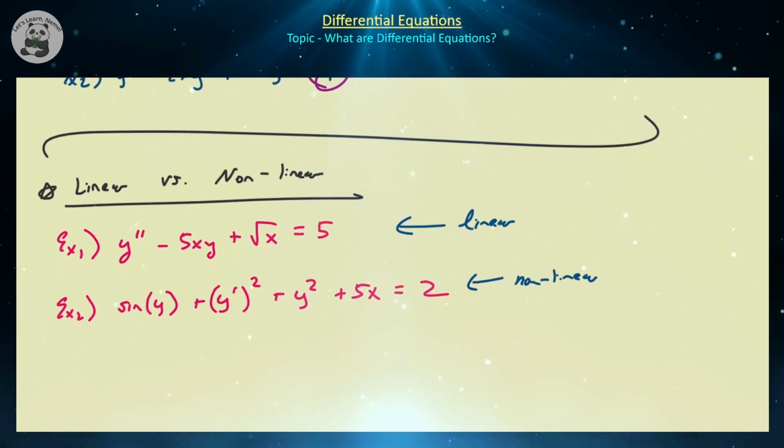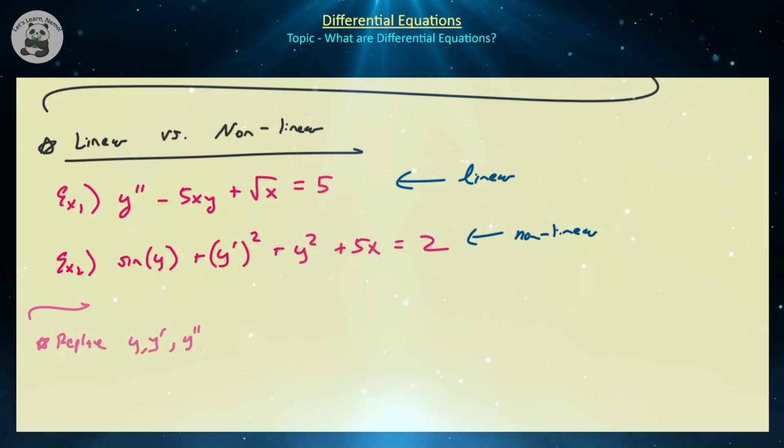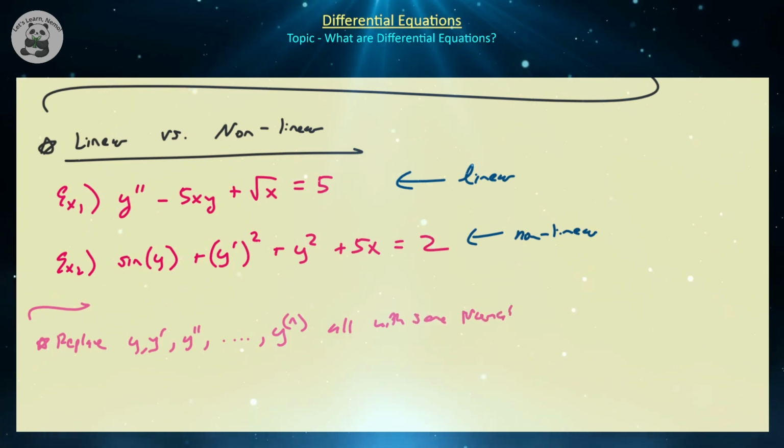So one way to formally define what is a linear differential equation, at least from the ordinary perspective, is you can replace y prime, y double prime, all the way down to the last order derivative, all with some variable.